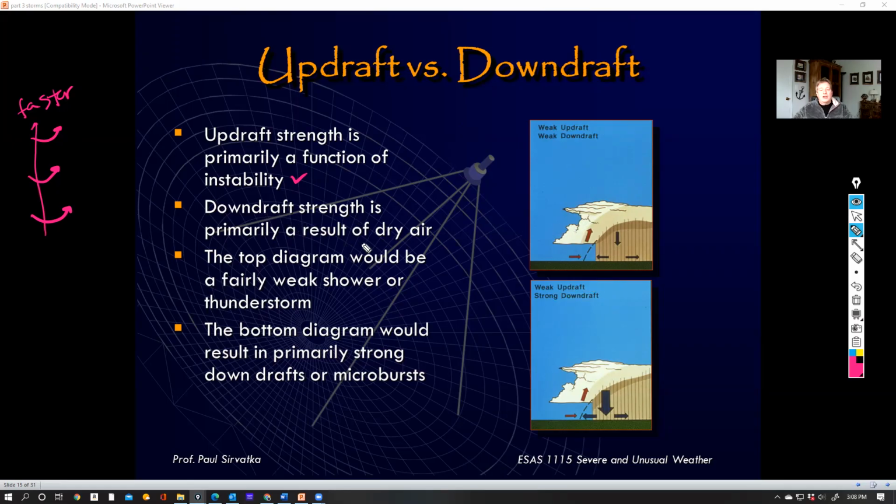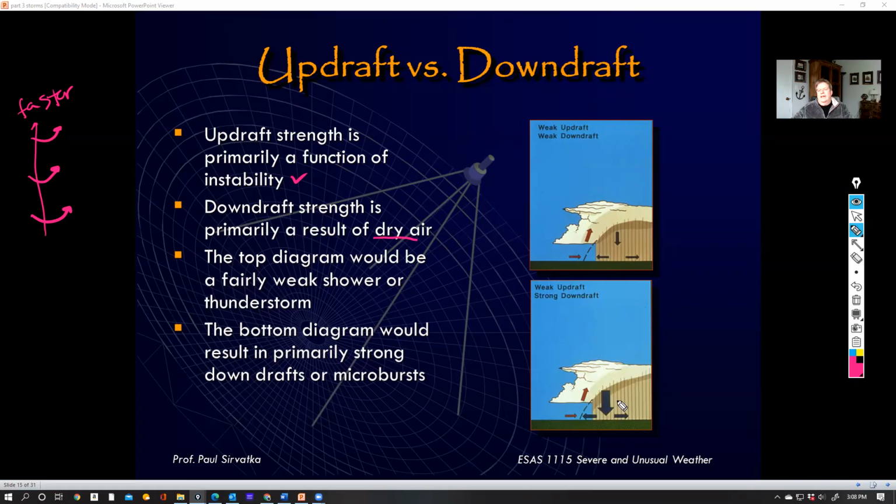Now, downdrafts are a result of the dry air. We talked about where does the rain evaporate? It evaporates outside the cloud. So if I have a weak downdraft, it typically means I don't have that much dry air. It's not causing a lot of evaporation. Now in this picture, and this is kind of irritating to me, is why does this one have a bigger downdraft?